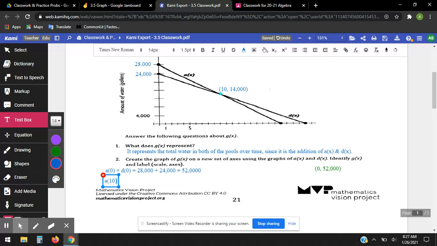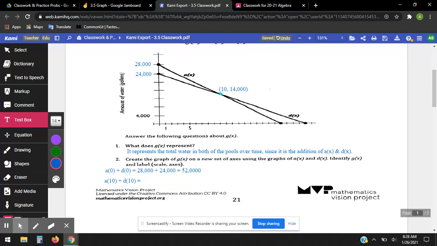All right, so another point we know is the one in the center where they both equal each other at 10. A of 10 plus D of 10: A of 10, we said, was 14,000, plus D of 10 was also 14,000. That means G of 10 would equal 28,000. So we have another coordinate. Oh, I did not want to do that. Let's undo. Oh, no, it's not doing what I want here.